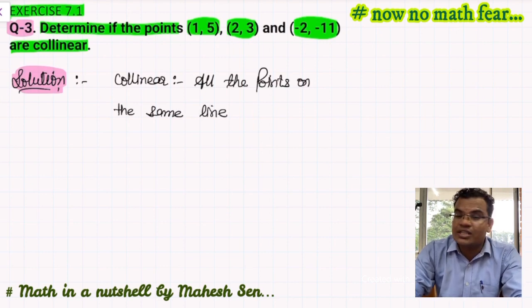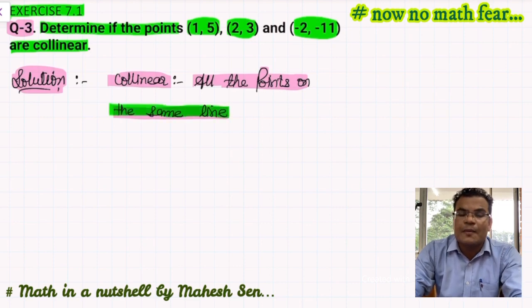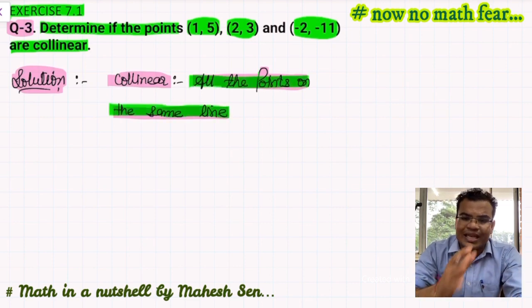It may be 2 points, 3 points, 4 points, or more. The points should be on the same line, right?